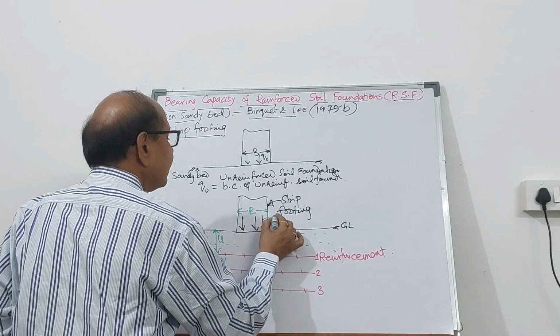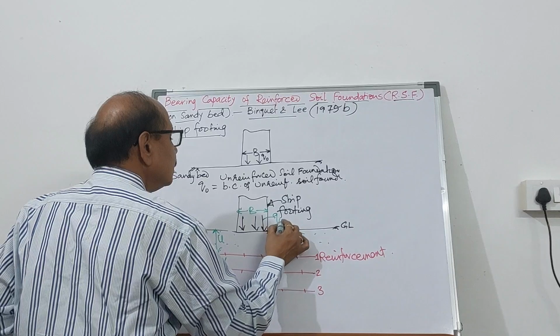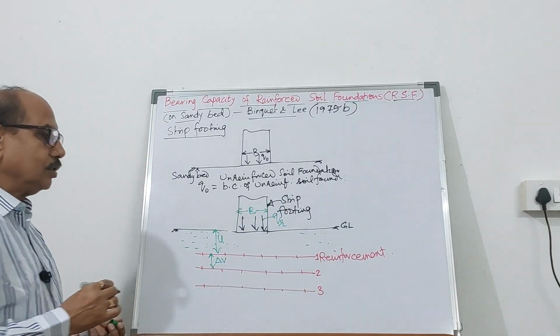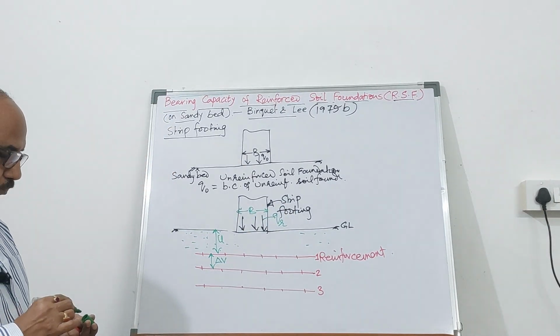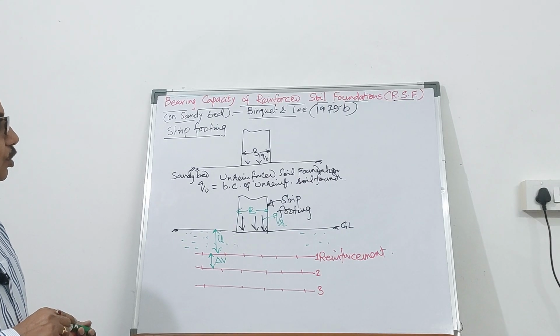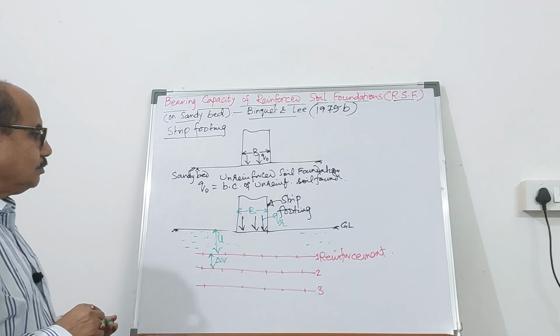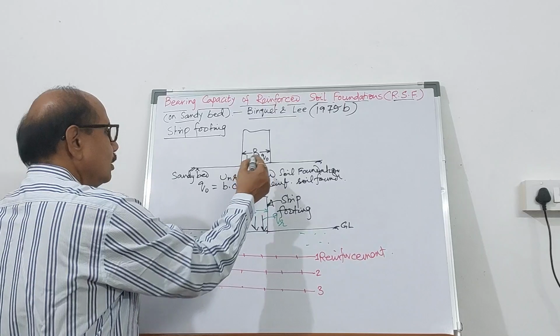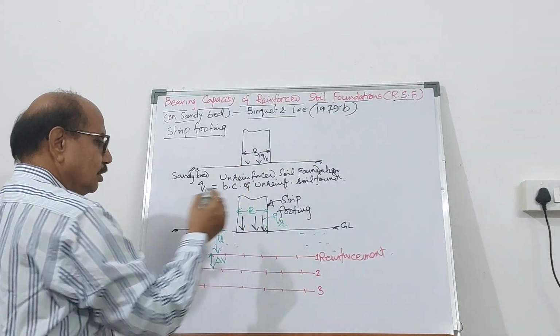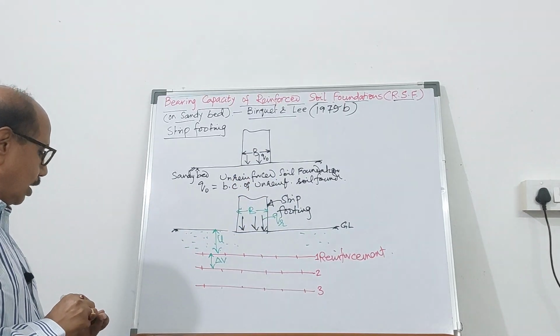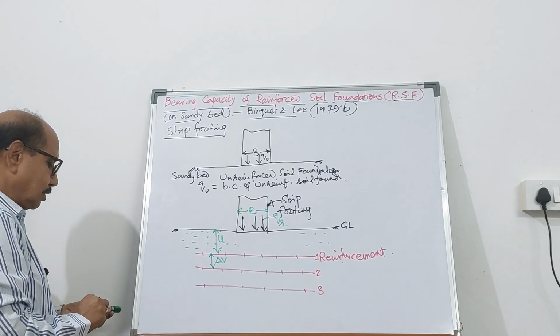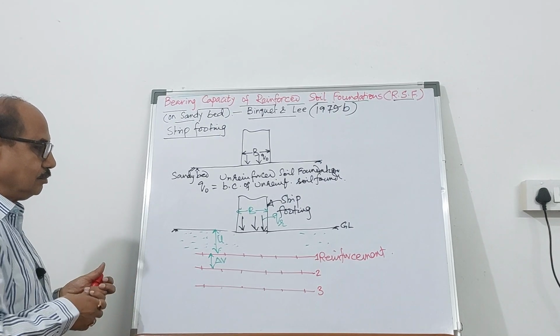Then this intensity of loading is called q in the reinforced bed. So for the reinforced soil foundation, unreinforced is called q naught, reinforced is called qR. So friends, this is the situation.